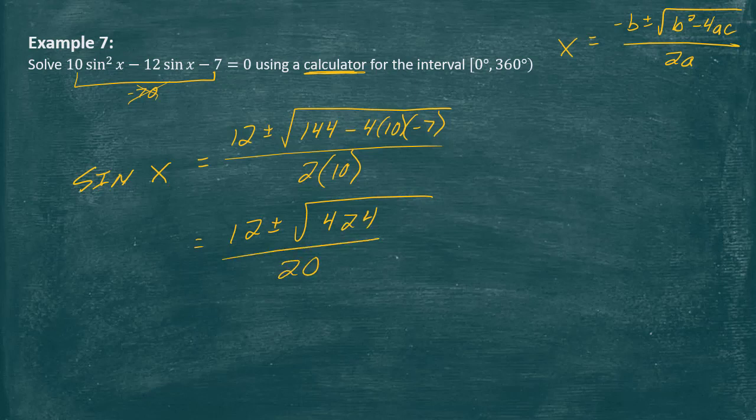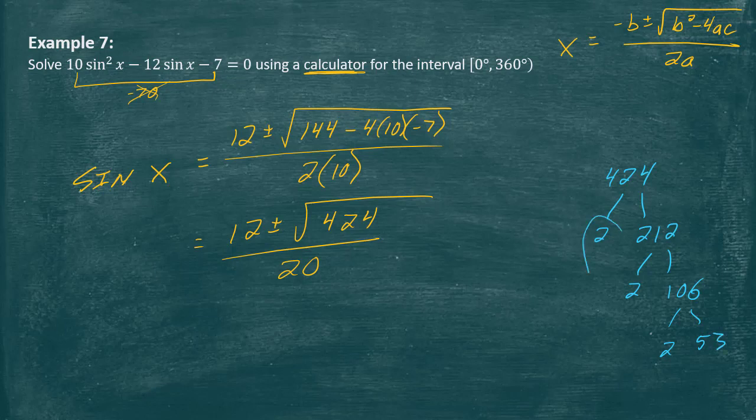Now that 424, I'm going to do a little bit of simplifying over off to the side. I feel like that's probably a radical we can simplify a little bit, so I'm just going to take out as many 2's as I can. So half of that would take me down to 212. Half of that takes me down to 106. And then 106 would be a 2 with a 53.